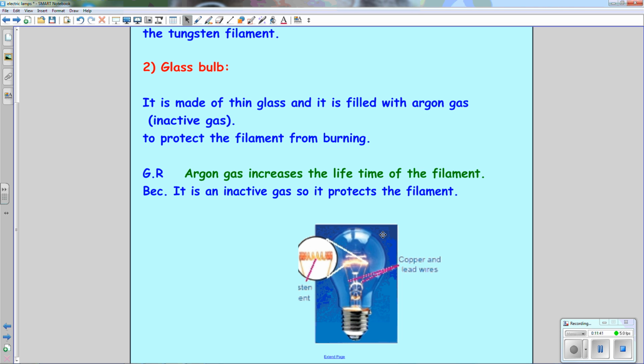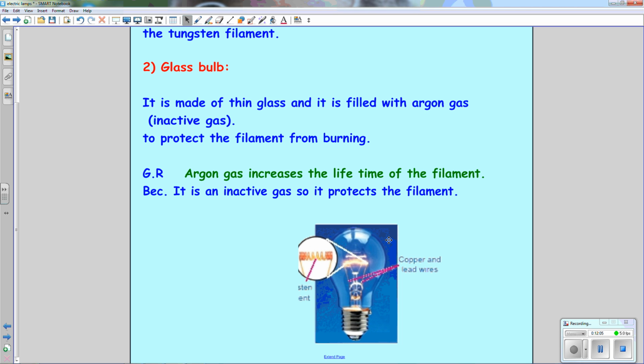Now, who knows why it isolates the filament from air? You remember we took gases in the first term. We said that the atmosphere or air is composed of carbon dioxide, oxygen, nitrogen, and water vapor.